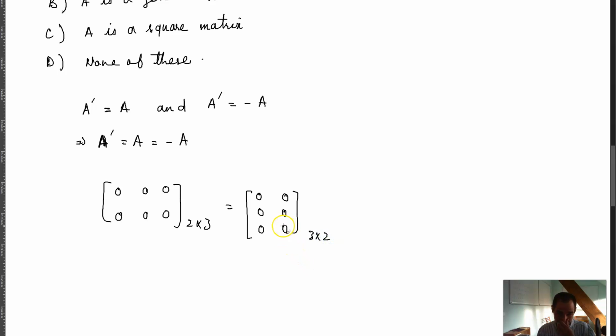But I suppose in the case of a zero matrix, the dimensions of the matrix are not really important. A zero matrix is a zero matrix of any dimension, and it is denoted by O, right?